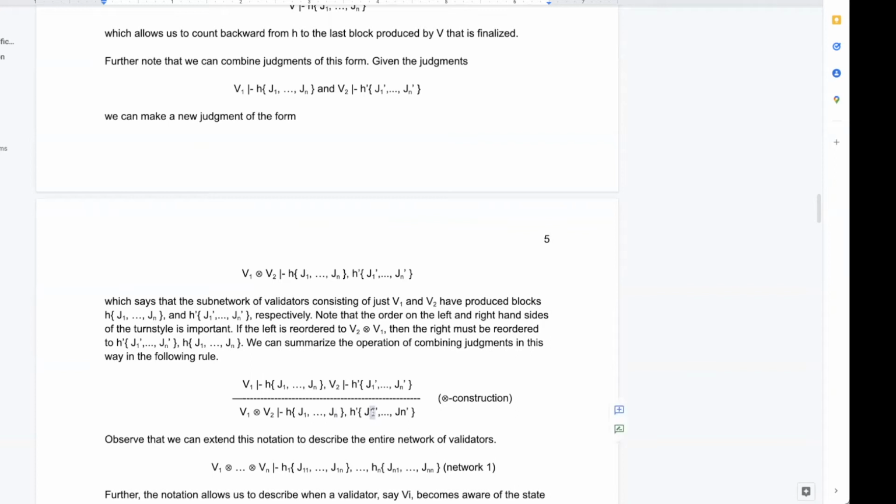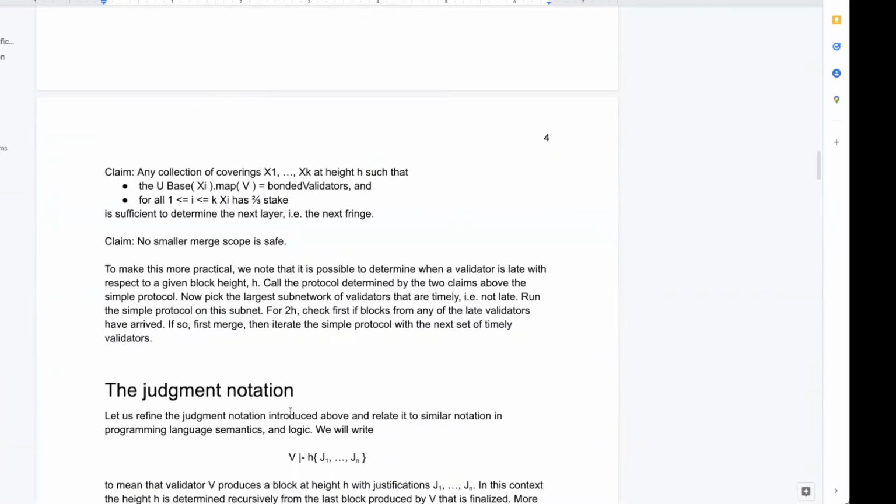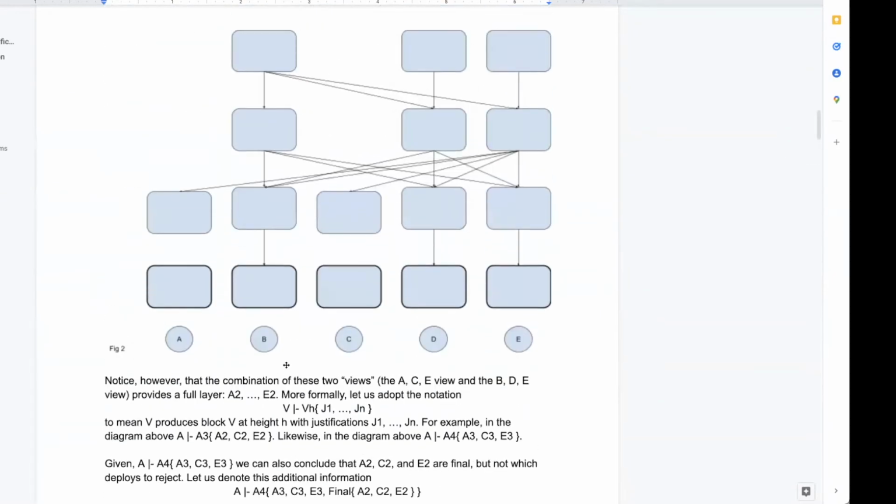The importance of these kinds of rules is that they allow us to do two things. One is to describe partial diagrams. Now we have expressions that are not just about a single block or a single line of blocks, but in fact about some local view of the network.